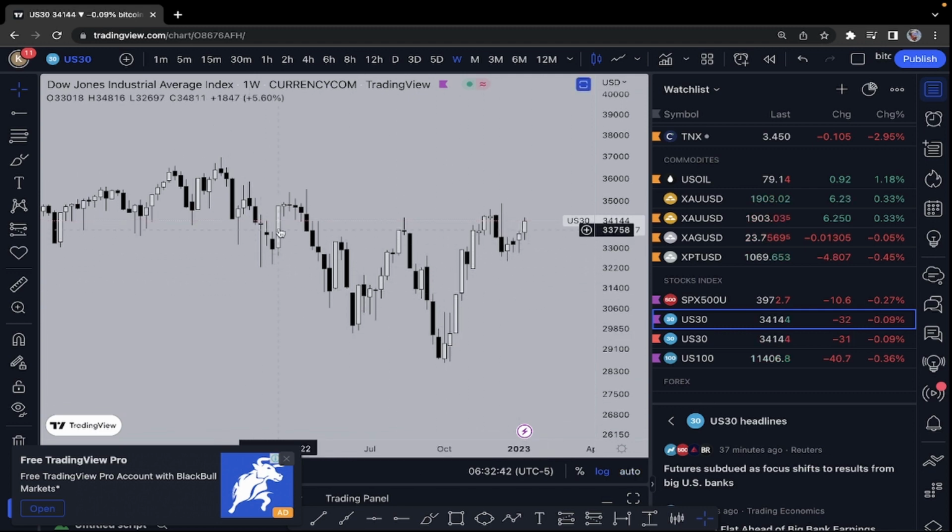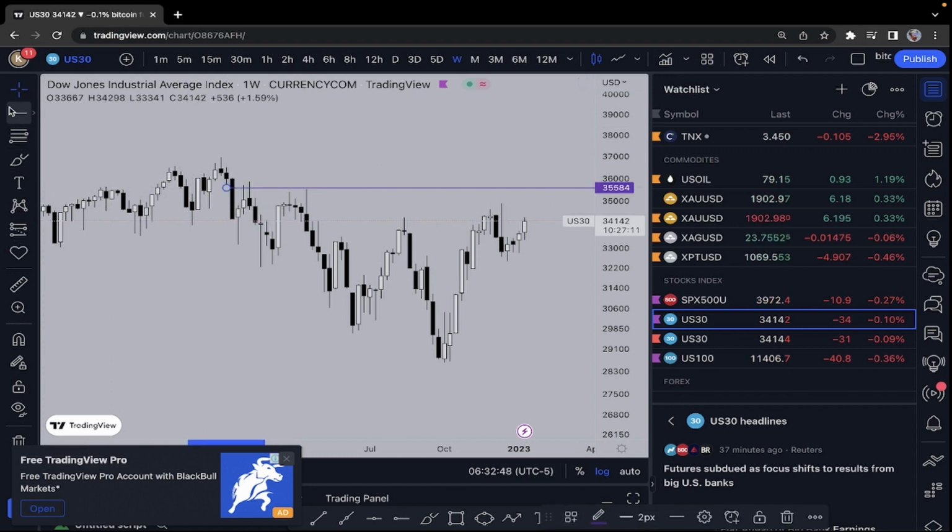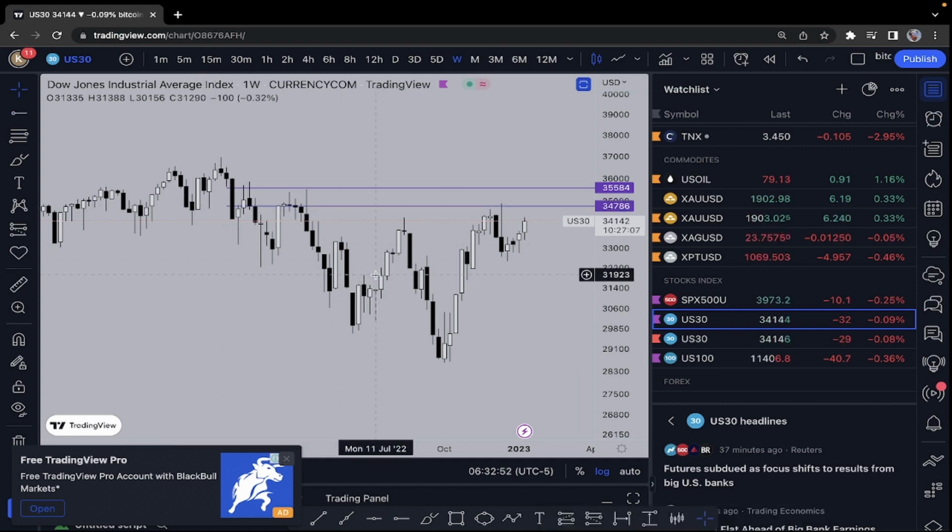Like most of it's being filled as we speak. Honestly, I'd have to classify it from here, come right down to here. That's what I think. That's gonna be the fair value gap or the missing price that brings us down. This is where the buy stops are rested, in my opinion.